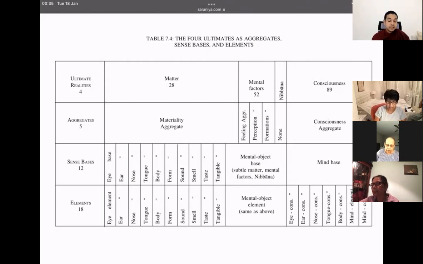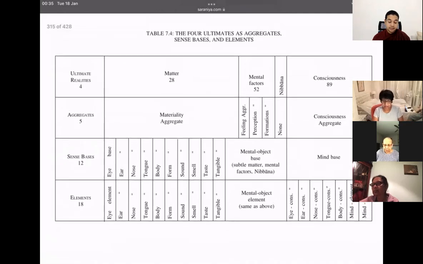Now, the bases. Under the materiality aggregate, you find the eye base, the ear base, nose, tongue, body, form, sound, smell, taste, and tangibility. And you find that the materiality aggregate goes a little bit beyond the first classifications that we have in the sense bases.